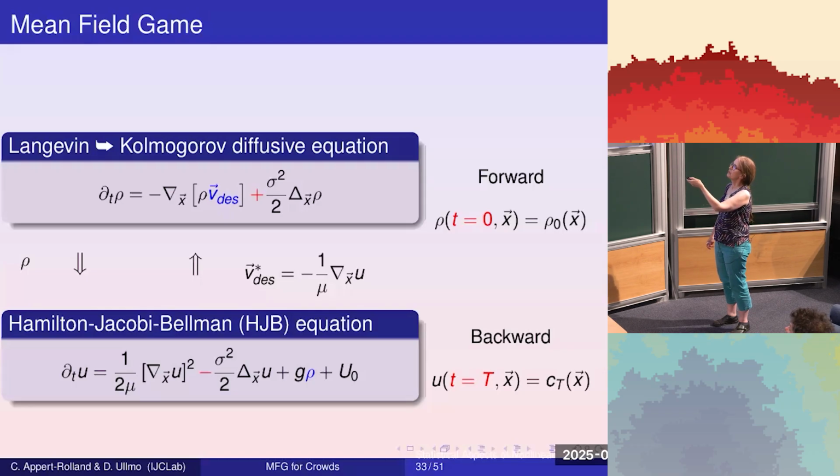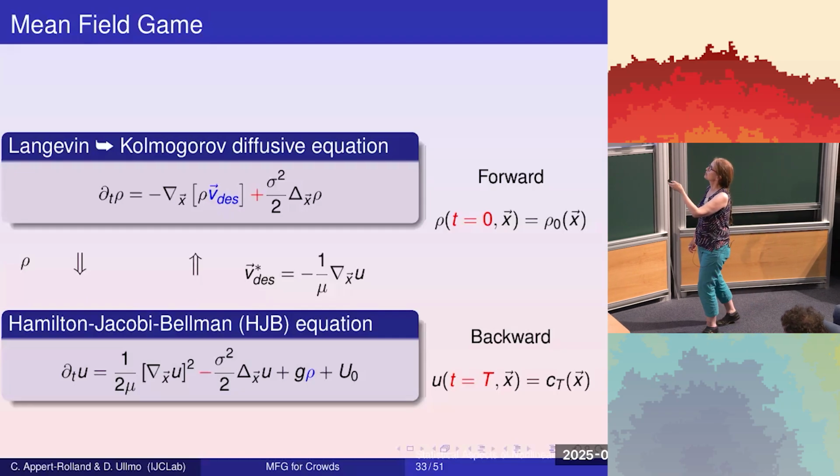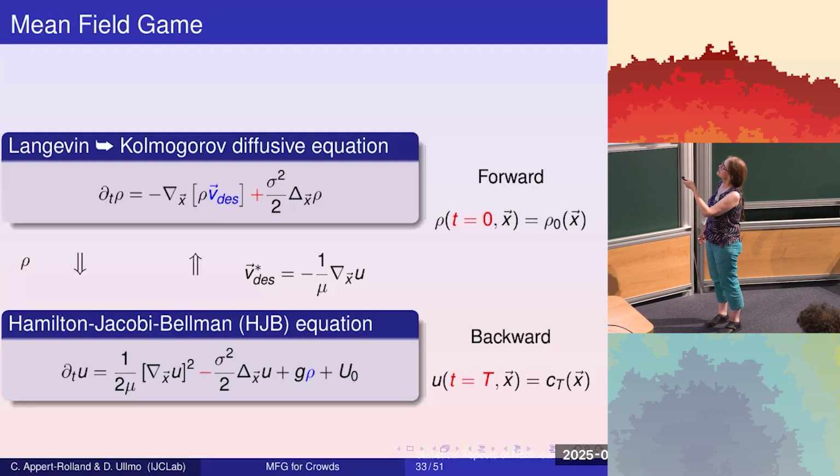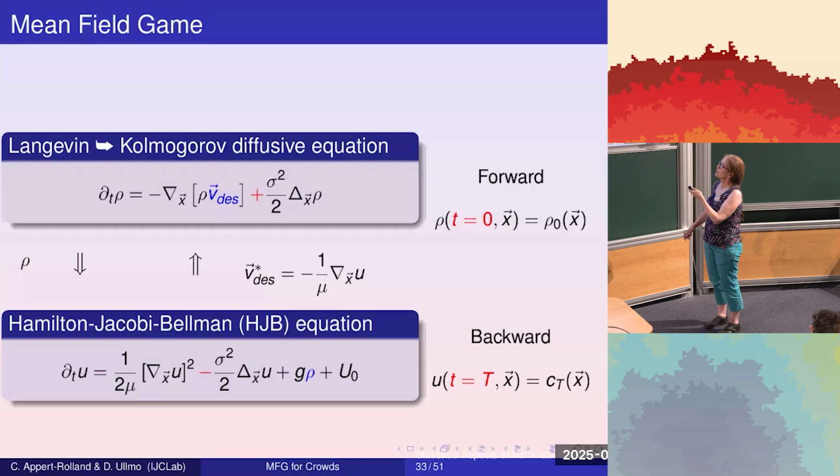And on the other side, from your Langevin equation, you can derive the Fokker-Planck equation or Kolmogorov diffusive equation, depends if you are a physicist or mathematician. And you have also diffusion due to the noise. So you have two coupled equations. It may not be obvious. Here you see a rho that comes into the equation for u.